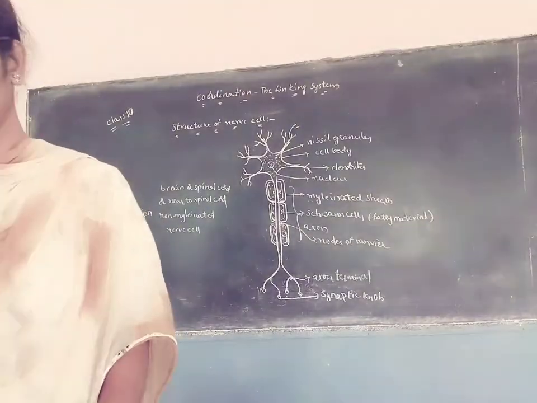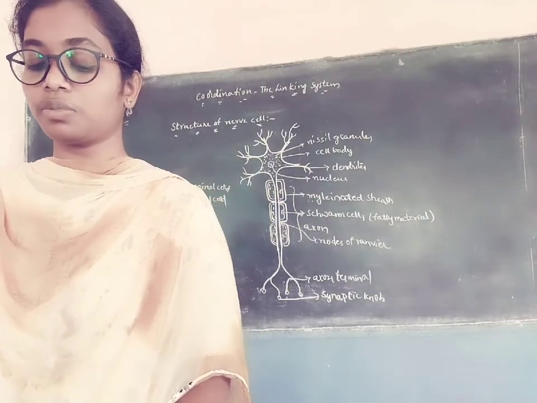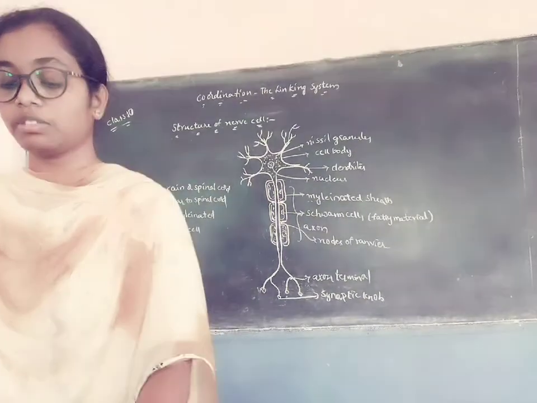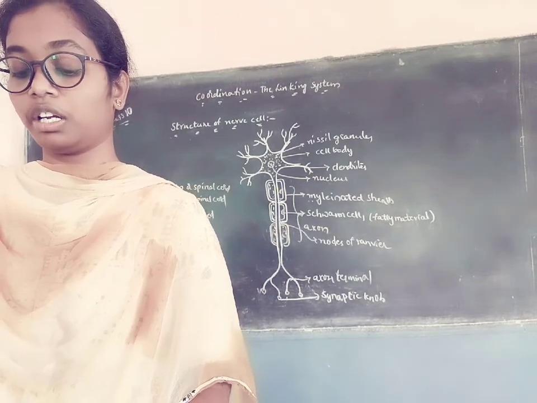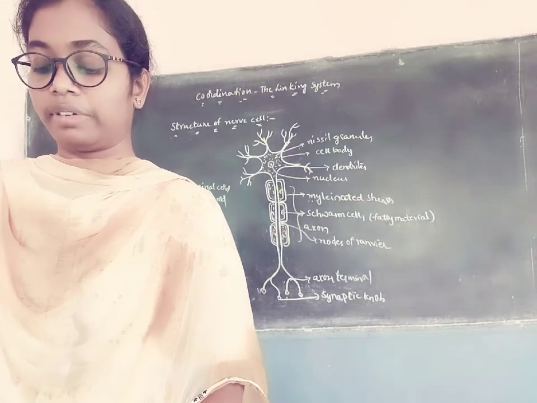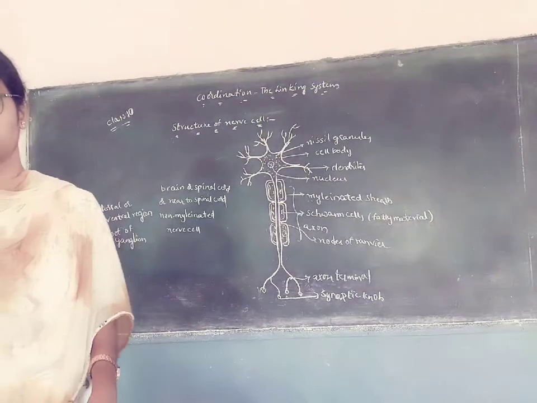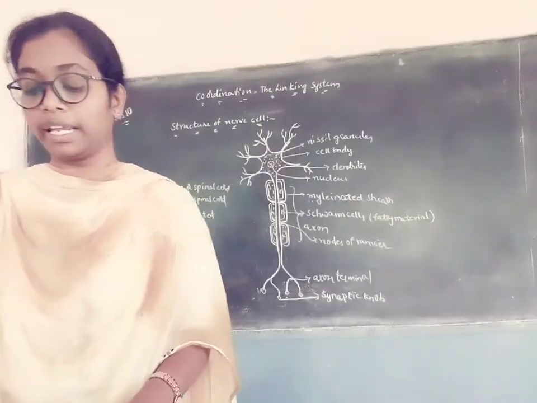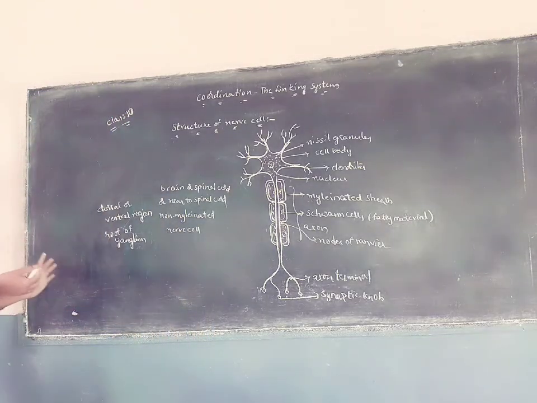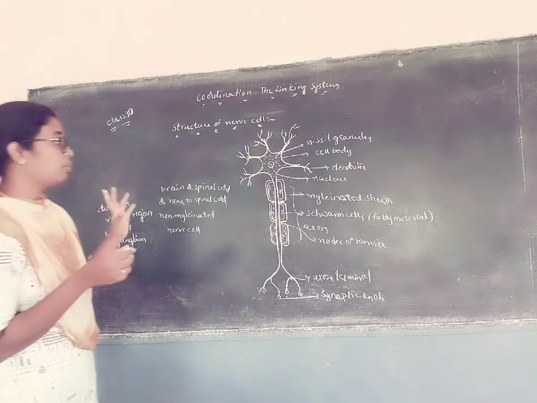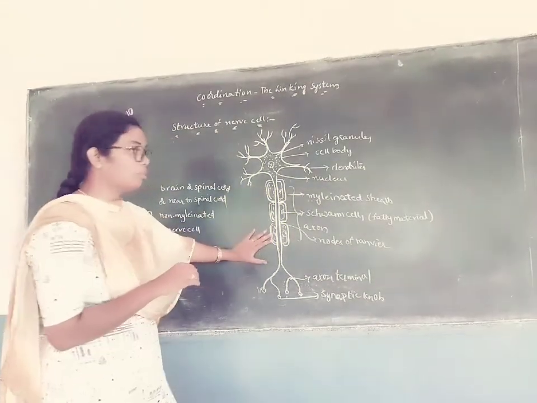Next one. In the brain or spinal cord, it is difficult to make out the differences between dendrites and axons on the basis of their length. Often the presence of the sheath helps us to find out, but several axons here do not have this sheath. So in the brain or spinal cord it is more difficult to tell dendrites and axons apart.